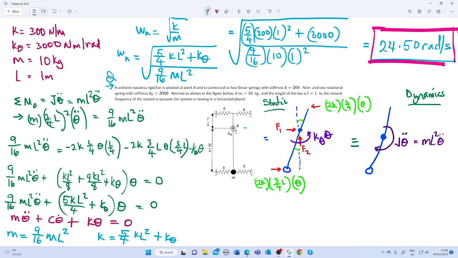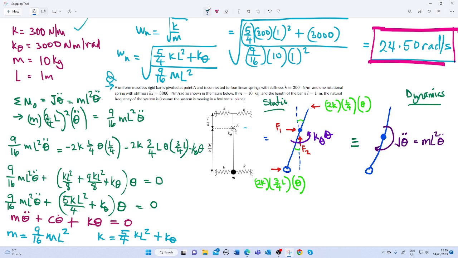Now, first of all, let us pull out all the parameters given for the whole system. We have the spring constant of the system, each K equals 300 Newton per meter.